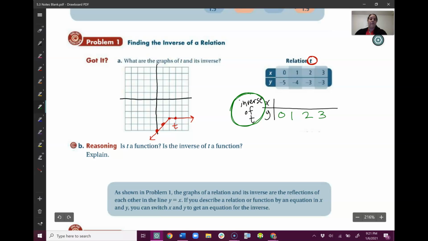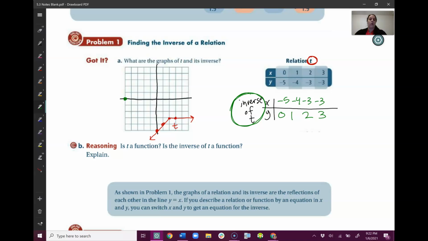And the -5, -4, -3, -3 are on the top. And now I can graph them just like I did before, except you'll notice my points are different now. So instead of graphing 0, -5, I'm now graphing -5, 0, which would be over there. And I can do the same thing with all of them.